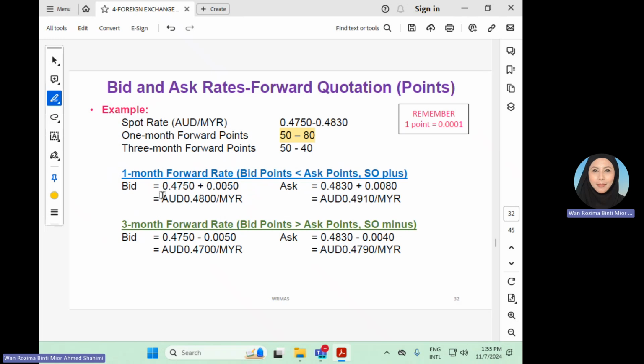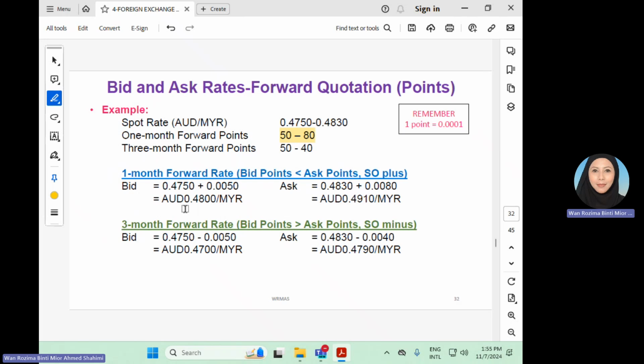So add this, then you will get this spot rate plus the bid points, then you will get 0.8000 Aussie dollar against Malaysian ringgit. So this is forward rate bid. Forward rate bid.